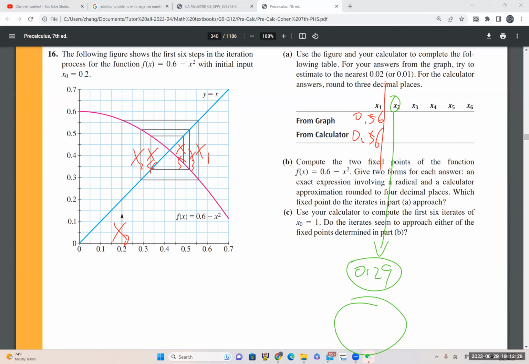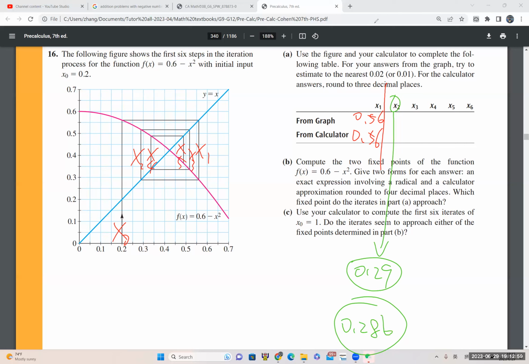X squared... 0.286. So pretty much 0.29, but for the calculator value you need to round to 3 decimal places, so it's 0.286.